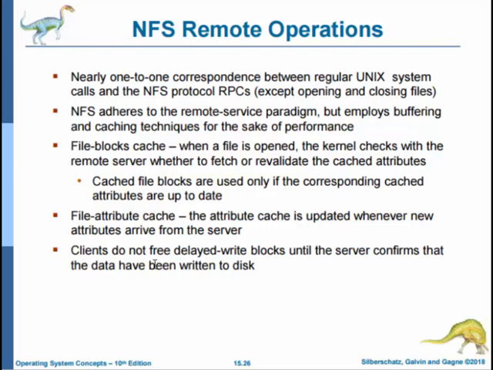When a file is opened, the kernel checks with the remote server to determine whether to fetch or revalidate the cached attributes. The cached file blocks are used only if the corresponding cached attributes are up to date. The attribute cache is updated whenever new attributes arrive from the server.